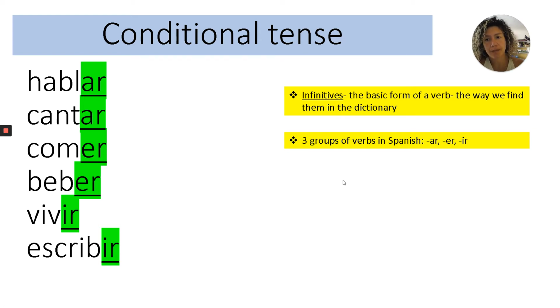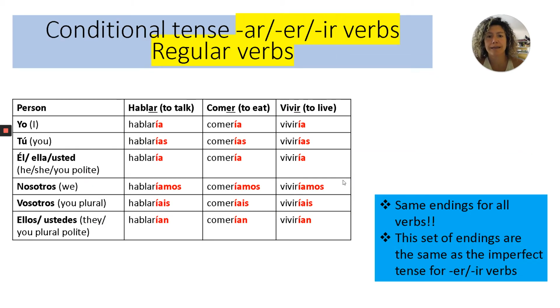So let's move on to our next slide. The conditional tense. We're going to have a look at all the conjugation for AR, ER, and IR verbs. Look at this grid.